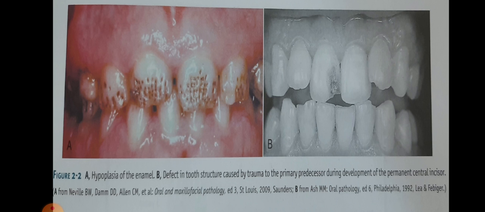When a malformation has some particular characteristics, for example, screwdriver-shaped central incisors, and is consistent with a particular phase of dental development, it may be possible to determine the cause of the disturbance.